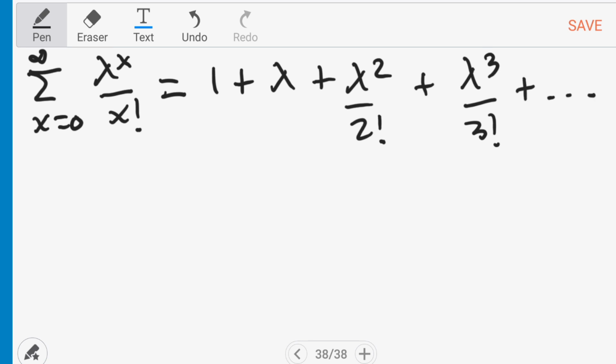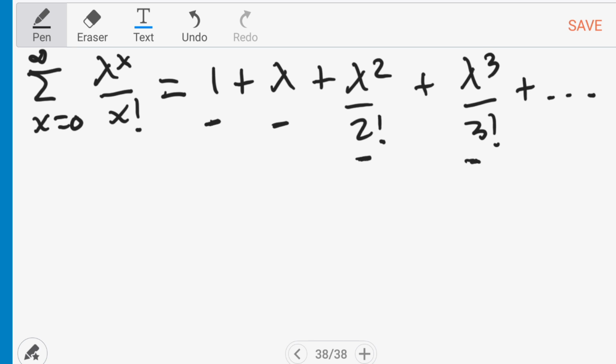Okay, so this simply means that if you substitute 0, you should get 1. Substitute 1, you should get lambda. 2, you should get this. 3, you should get this, till you get to infinity.